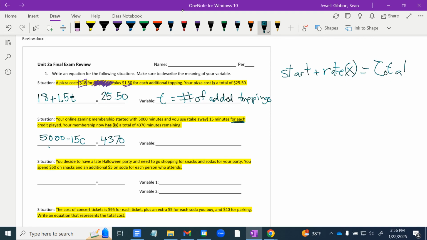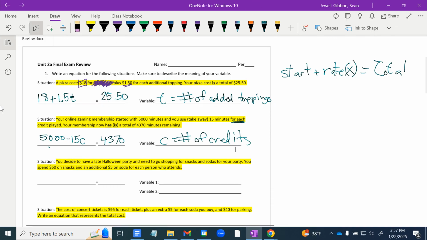All right, so starting amount of minutes 5,000 plus our rate times some variable, so plus negative 15 because we're losing or taking away 15 minutes for each credit, and then that's going to be equal to our total. Once again, defining our variable here, we have C is equal to the number of credits played, or just the number of credits, we'll say.